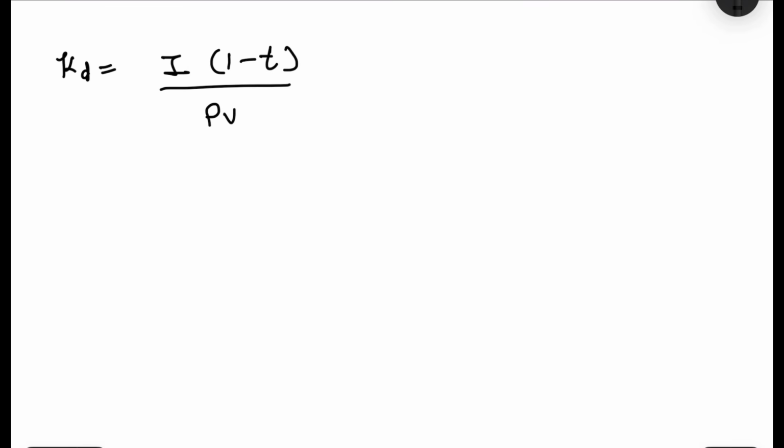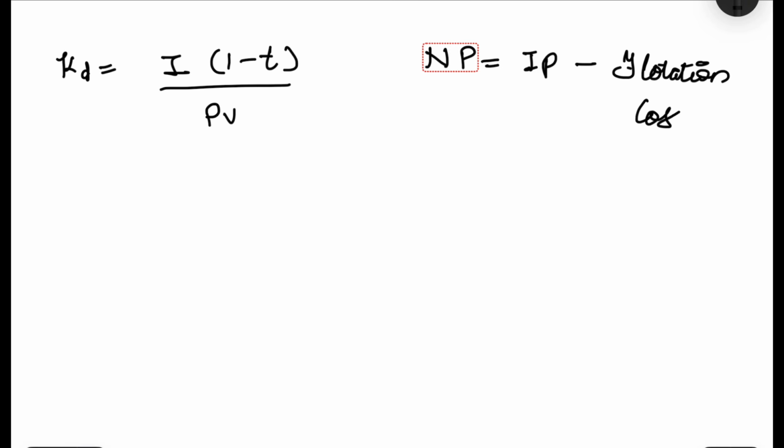There could be several situations given, and there is a preference list according to which you have to calculate your PV. So the first preference is always given to net proceeds, which is the amount which we receive after subtracting flotation cost. So whatever price we are issuing a security at, minus the flotation cost, is what the net proceeds is.